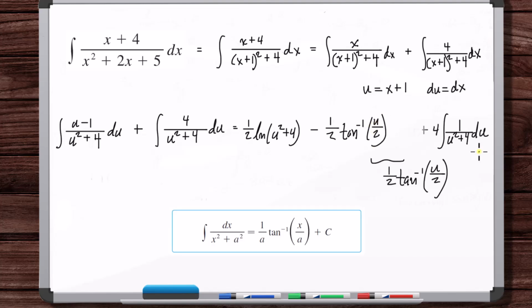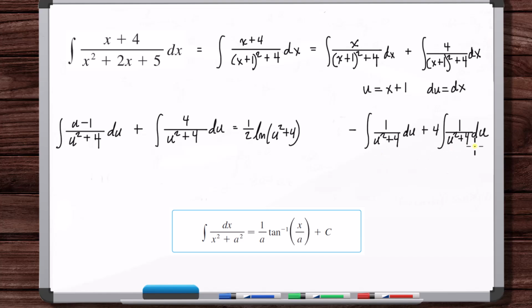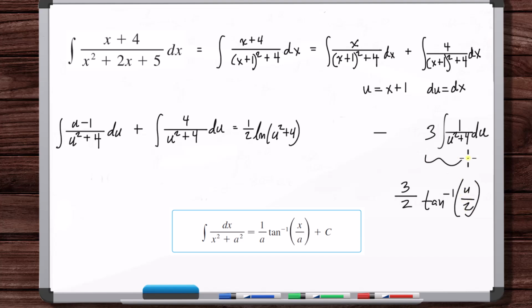And actually, were those the same? Let me see real quick. Yeah, these are the same integral. So minus 1 plus 4, you get 3 here, right? So this is 3/2 arctangent u over 2, and that's what this is, so minus 3/2 arctangent u over 2.